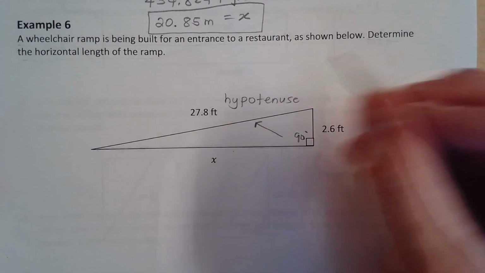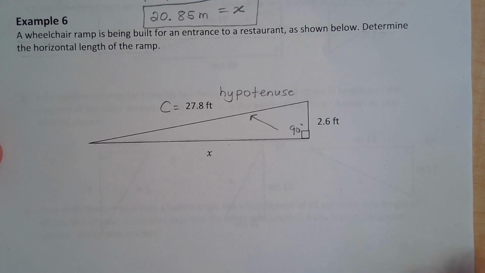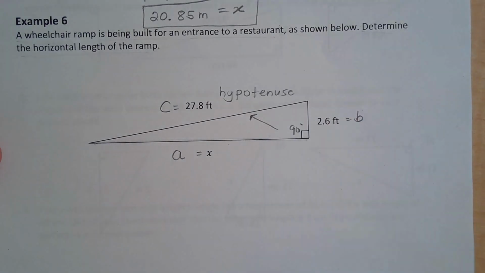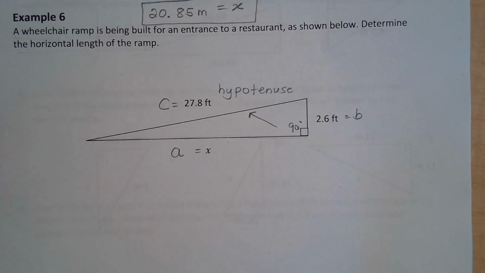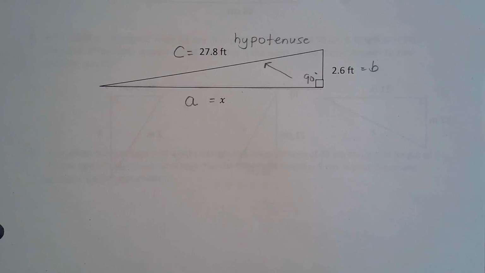Hypotenuse is the C value, so C. And then the X and the 2.6, that would be the A and the B. Do you want to give that one a try on your own and then see? You can give it a try on your own, and then I'll work through it too. Look up if you need some guidance as I walk through it too.